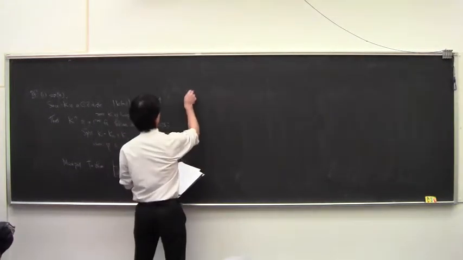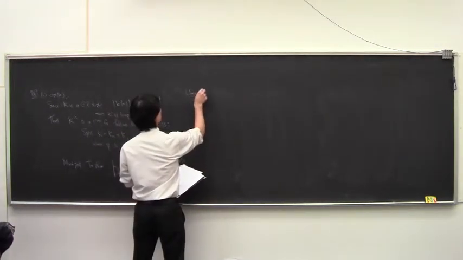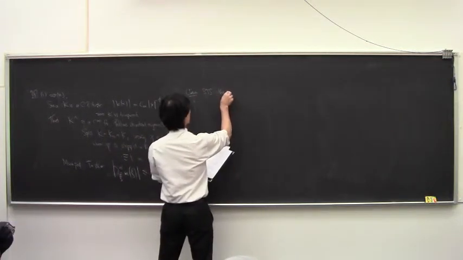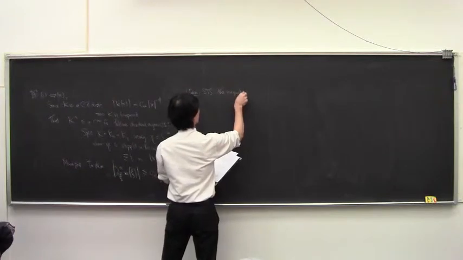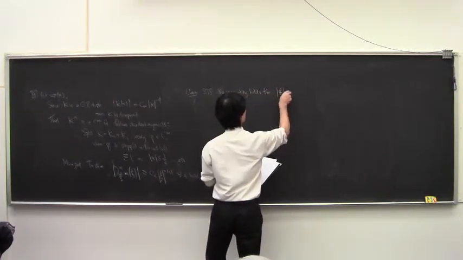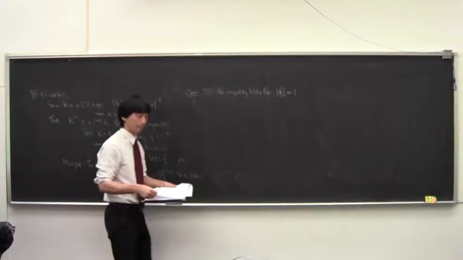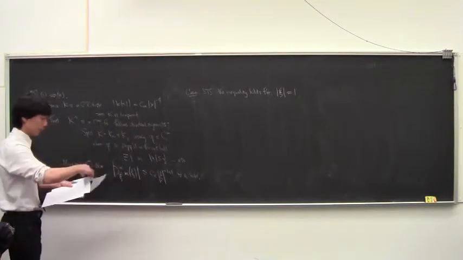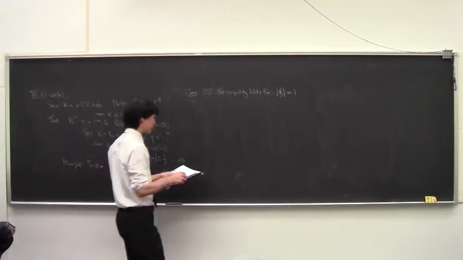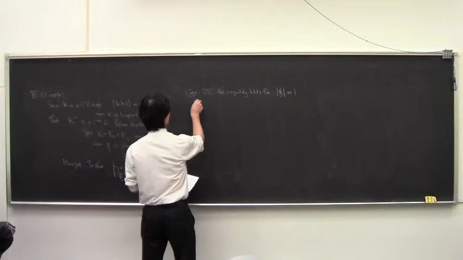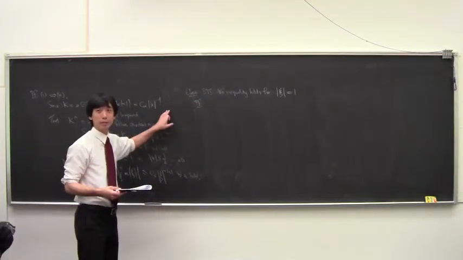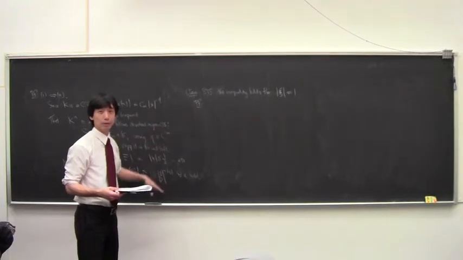So the claim is that it suffices to show that the inequality holds for C of size 1. Because once you have that, using the dilation invariance of the class, you can get the result for everybody.